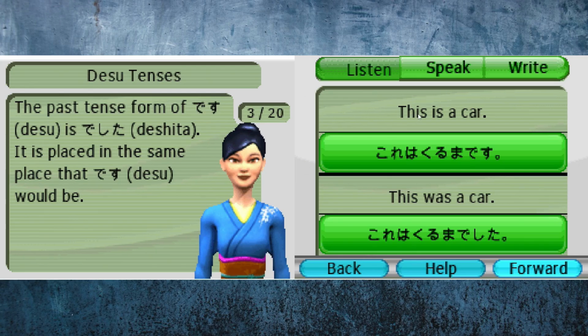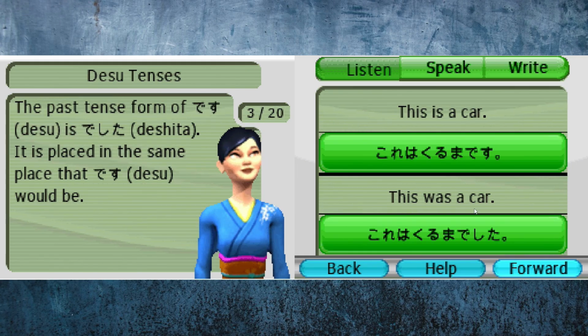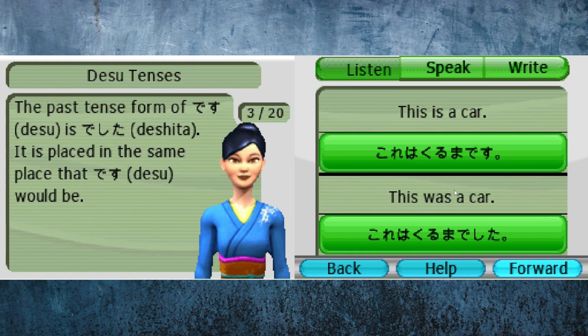So the sentence "this is a car," the present tense of it is kore wa kuruma desu. If you want to say this was a car, you would say kore wa kuruma deshita. To say this is a car is kore wa kuruma desu.